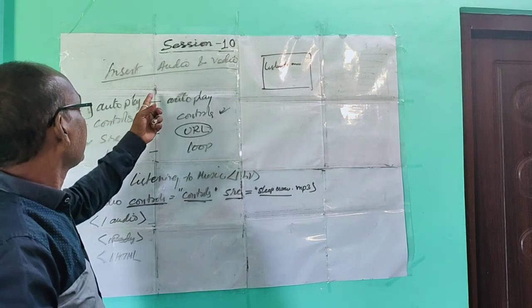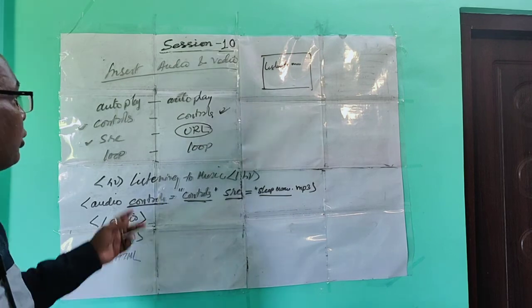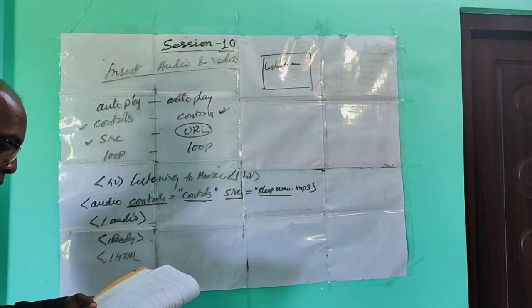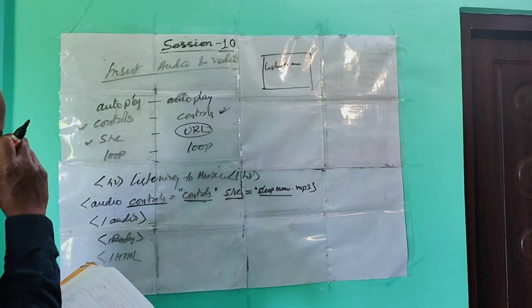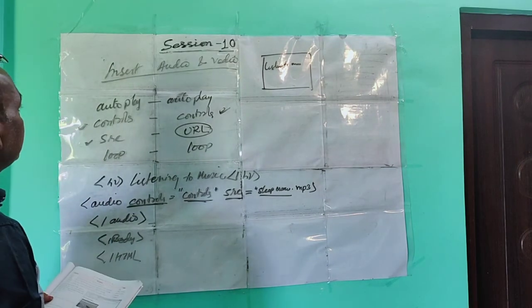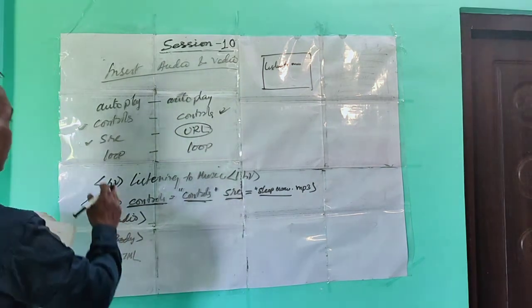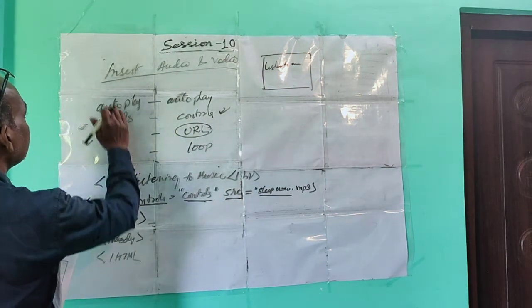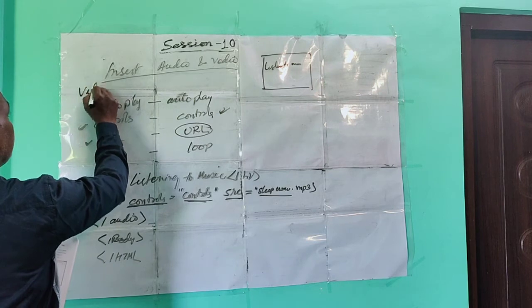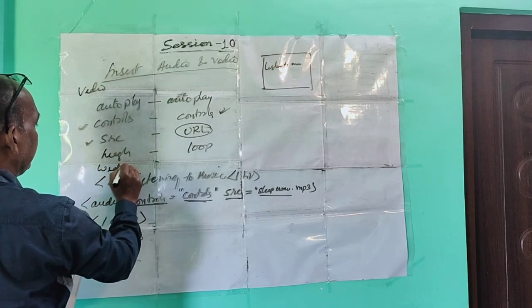So the same thing for video. The audio tag is not supported by some web browsers, so the same applies to the video tag. For video, the attributes are the same, only loop is not there. For video, you will get height and width.